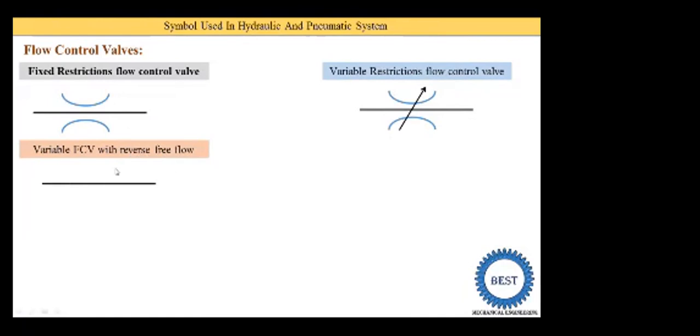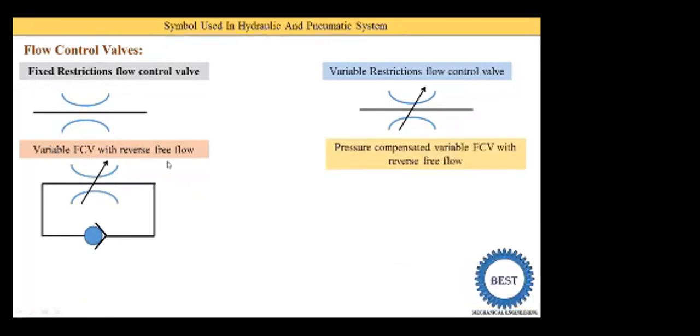In earlier symbols we studied that reverse free flow is possible by providing a check valve. So we take the same symbol of the variable restriction flow control valve and provide one check valve, connected with the inlet and outlet of the flow control valve. So this is the symbol of variable FCV with reverse free flow.